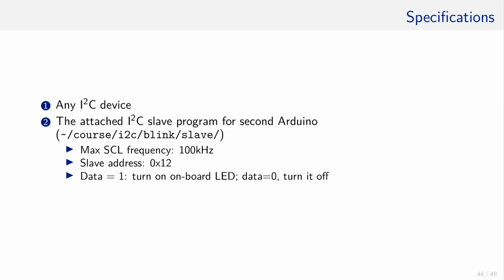The address of the slave Arduino is 12 in hexadecimal format. If you write a 1 to the slave, it will turn on the onboard LED. A 0 turns it off again. Okay, with all that theory about building an I2C bus, let's dive into the programming part.